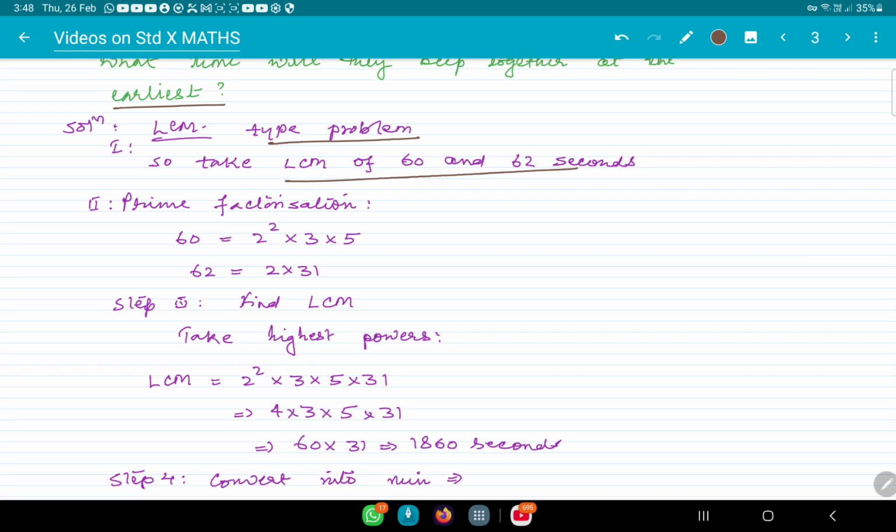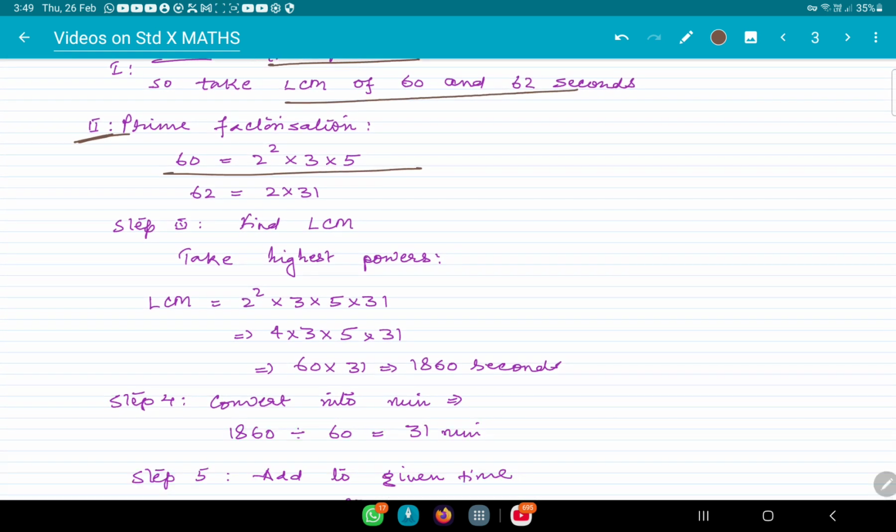So in the first step, take LCM of 60 and 62 seconds. So 60 is equal to 2 raised to the power 2 into 3 into 5. It is a small number, you can easily do it. 62 is 2 into 31.